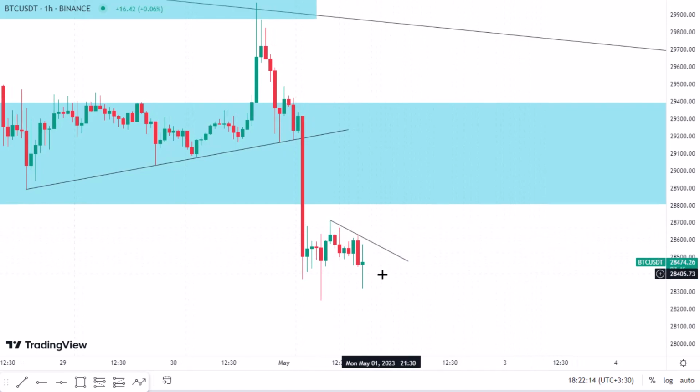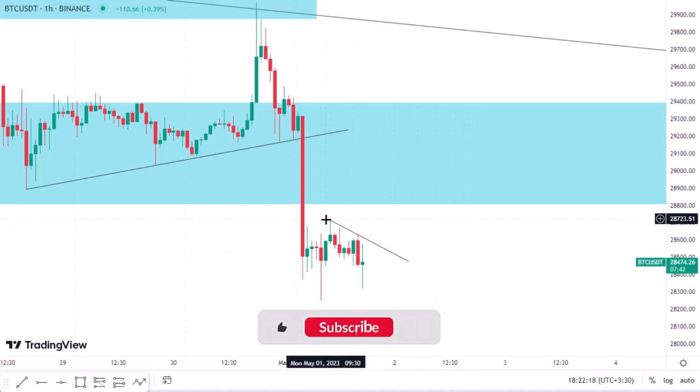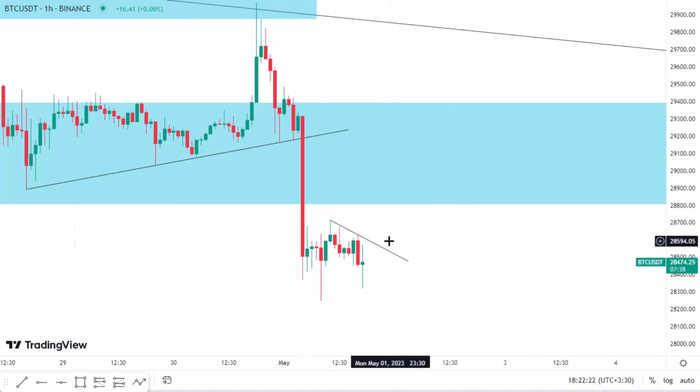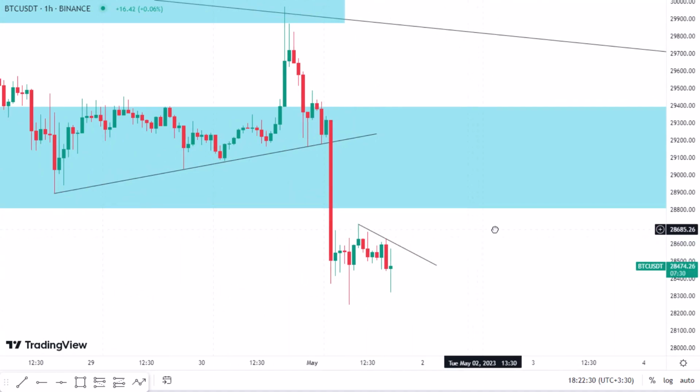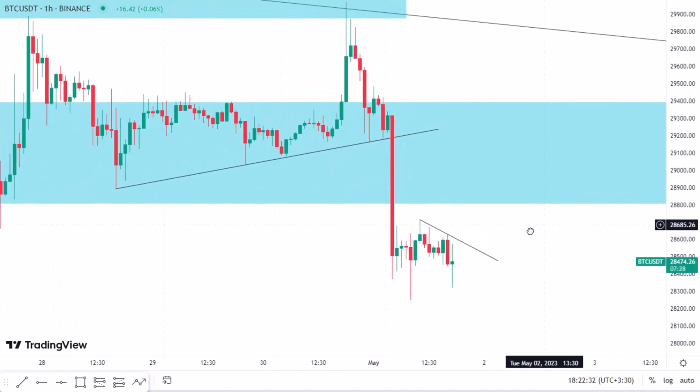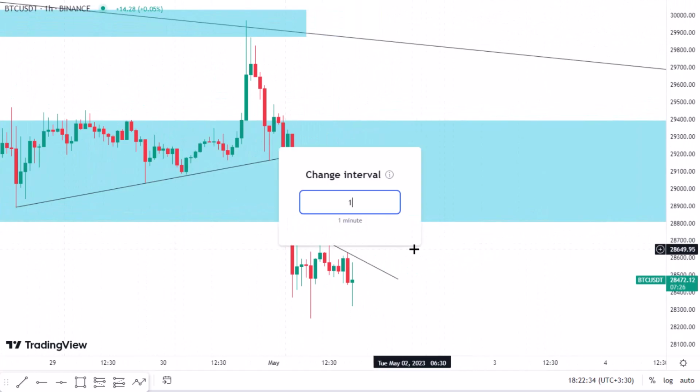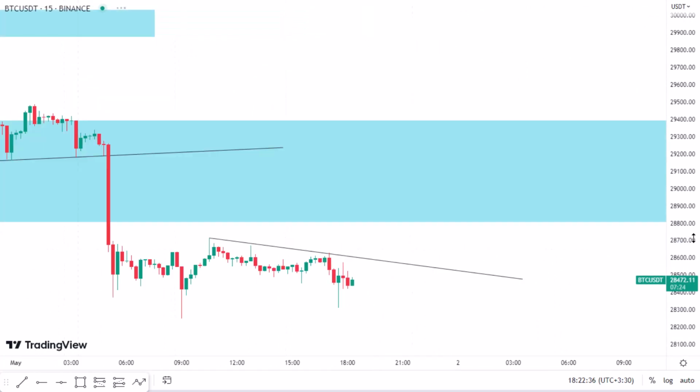A breakout must happen in its own time frame. We have this trend line in 1 hour time frame and it must be broken in the 1 hour time frame, not any other time frames. Then if the candle closes above that, we will enter buy position, set our stop loss somewhere safe and look for our reward. Let's check 15 minute time frame to see what we have.